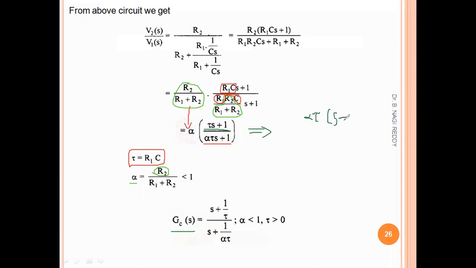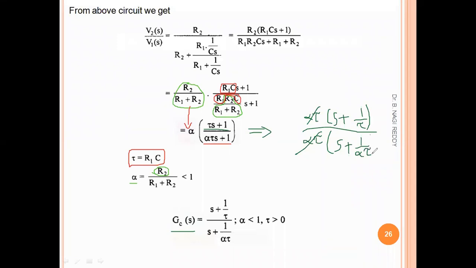So S plus 1 by tau, we will get 1 by tau. And similarly, in the denominator, take alpha tau common to cancel out the numerator. Of course, if you take alpha tau as common, we will be left with s plus 1 by alpha tau.